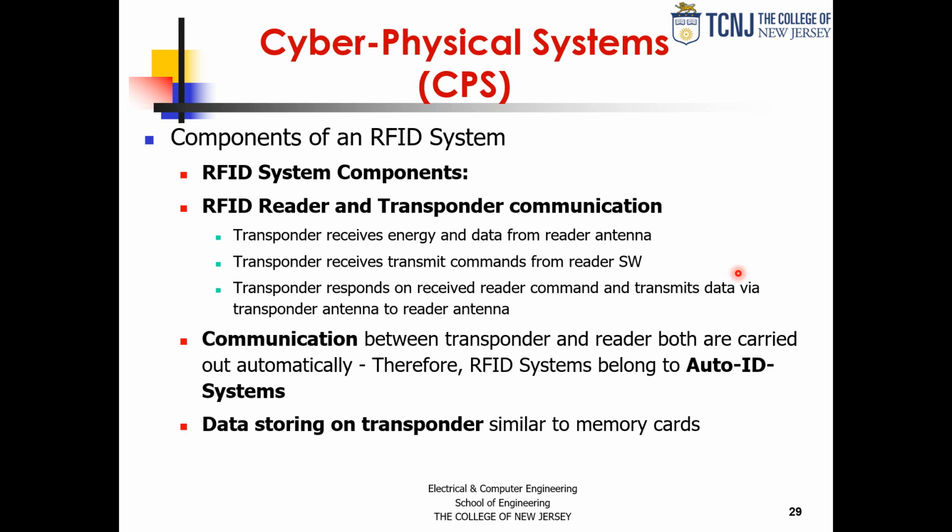It can also send data. If you have a memory that is writable, one of the commands in the standard is write this data to some memory location, just like a memory write transaction. So the reader does that, and then it communicates with some type of host computer that takes care of everything else from an application perspective.